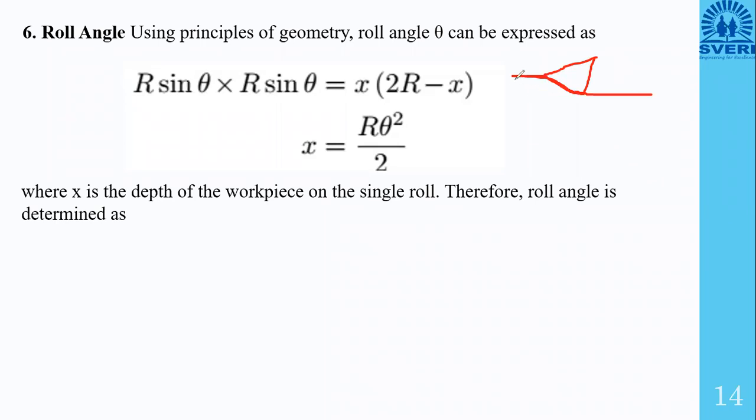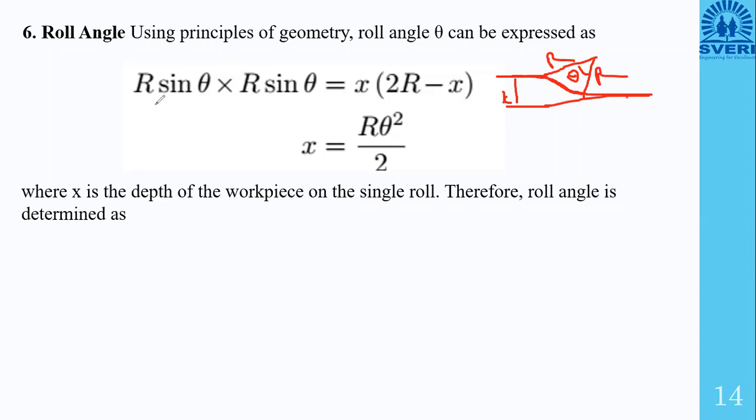So x is nothing but this much. This is x, this is the entering side, this is the outgoing side, this is the angle theta, and this is R, and this is also R.